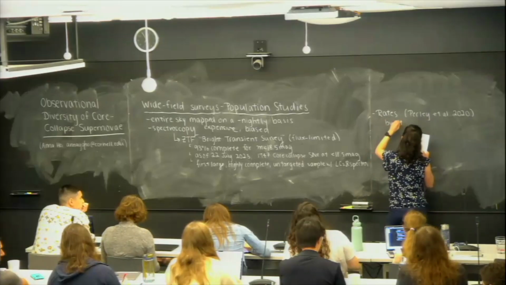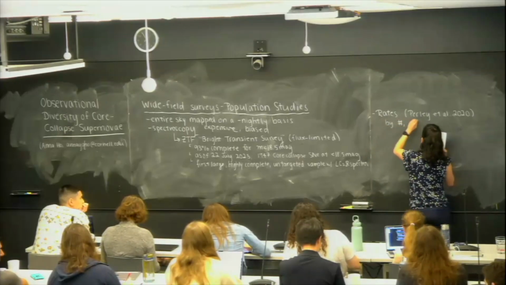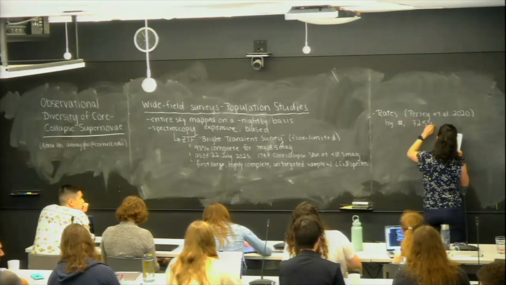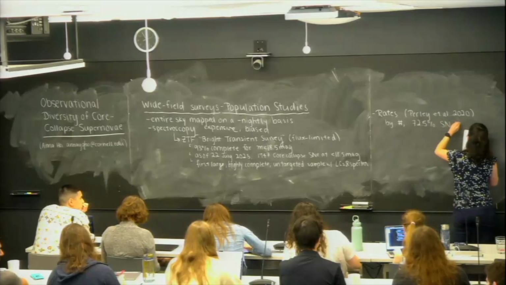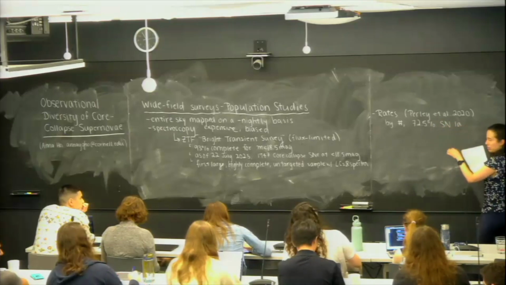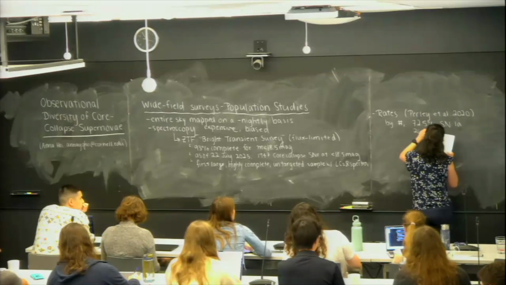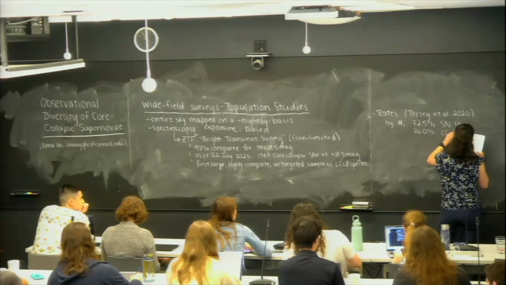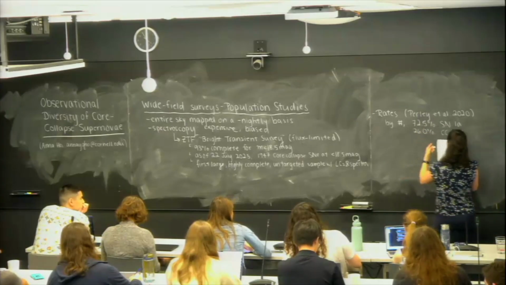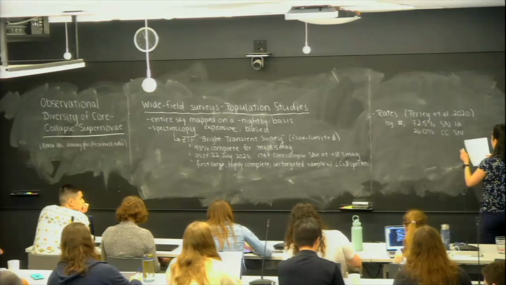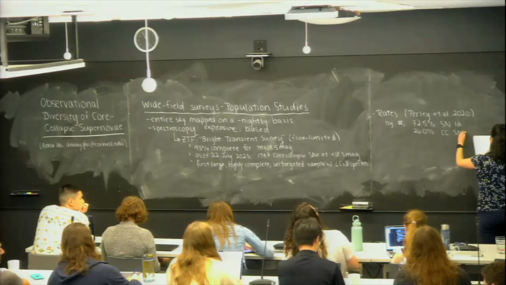So by number, 72.5% of supernovae in a flux-limited survey are type 1a, which we haven't talked about. Those are the thermonuclear supernovae, 26.0% core collapse supernovae. And then you can break this up into subcategories.